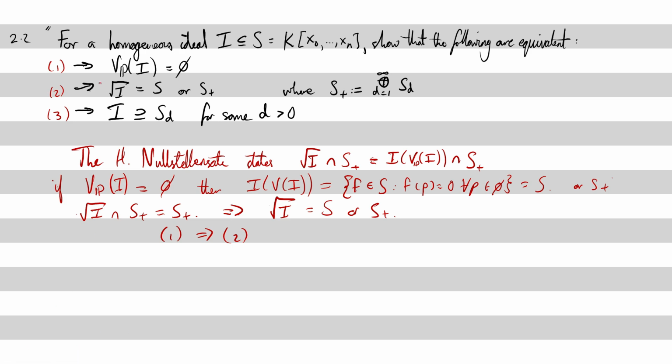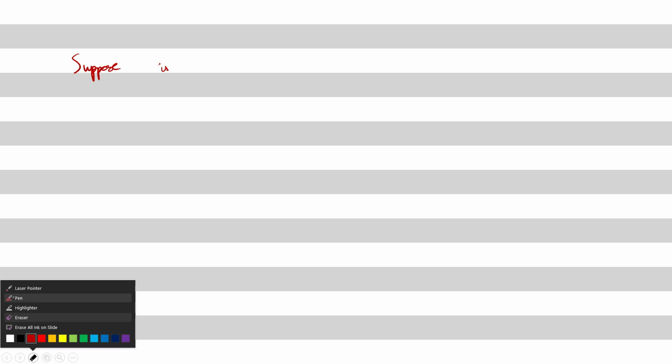Now, we want to show 2 implies 3. So, suppose I is a homogeneous ideal, or homogeneous ideal. I still don't know what the correct pronunciation here is.